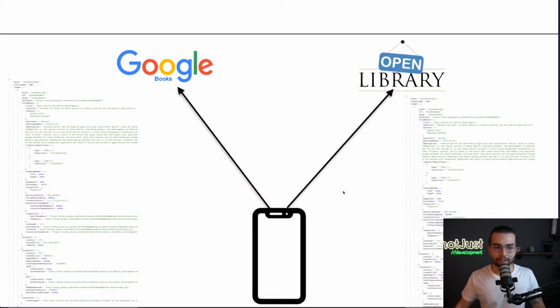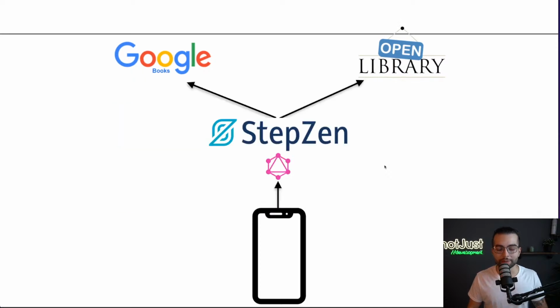So, how can we solve these two problems? The first one, having to query two separate APIs from our client side, and the second one, having to work with a REST API. Well, to solve that problem, we're going to introduce StepZen in the middle of our architecture. Using StepZen, we're going to be able to create a GraphQL API that will connect to Google Books API and also to Open Library API.